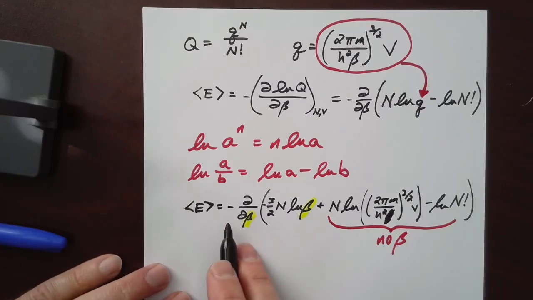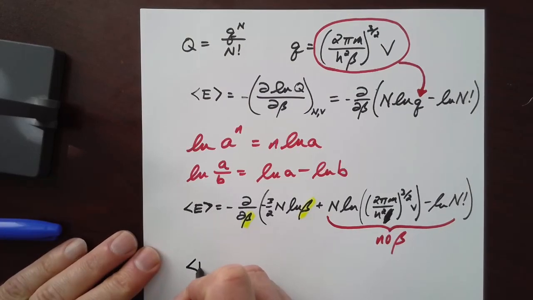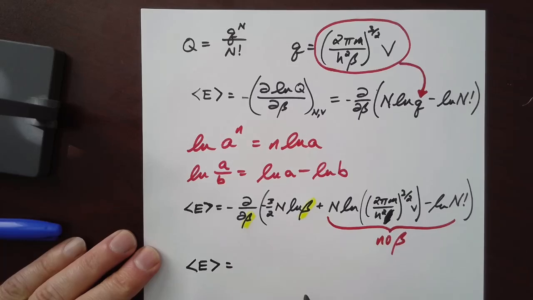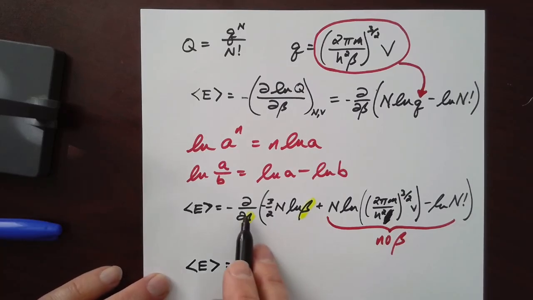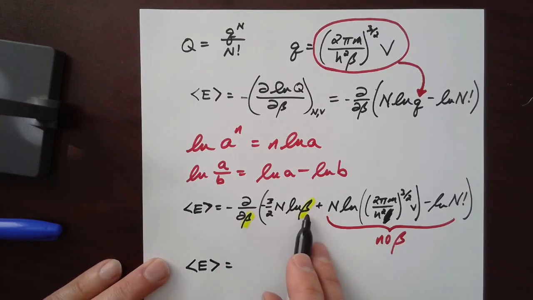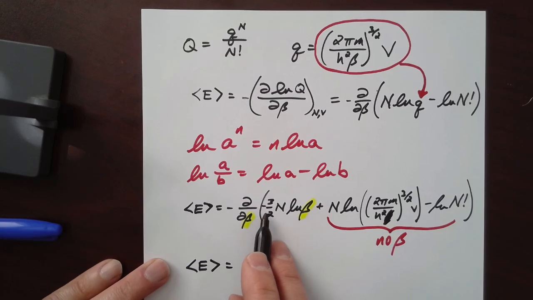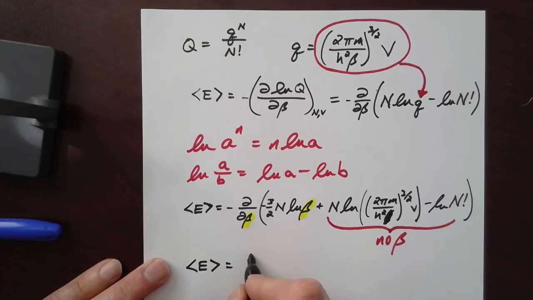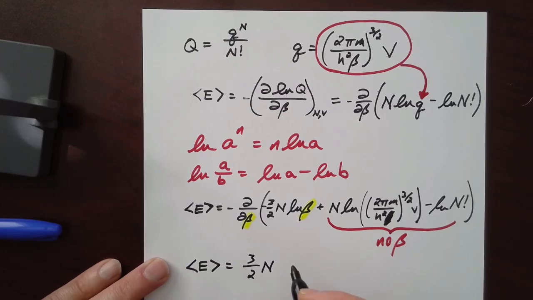So, average energy is equal to, at this point, we're going to take the derivative of this. Pulling out my constant stuff, I'm going to get 3 halves N, and then let's go ahead and write out the partial derivative.